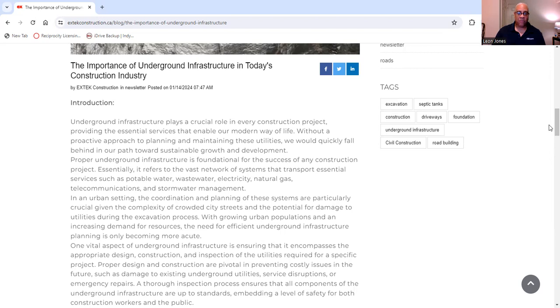Essentially, it refers to the vast network of systems that transport essential services such as potable water, wastewater, electricity, natural gas, telecommunications, and of course, stormwater management.